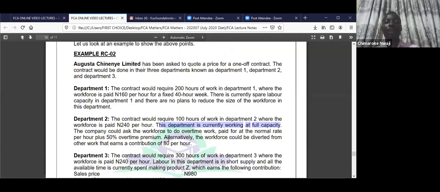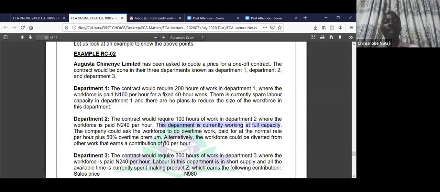Another alternative here was that the workforce could be diverted from other work that earn a contribution of 18 naira per hour. So you see, there are some people who are doing some less important work, so to speak, that will be giving them 18 naira per hour.